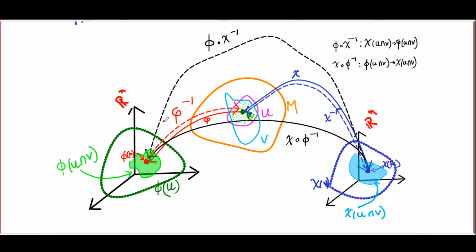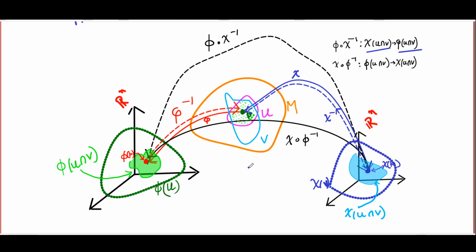So phi composite chi inverse, phi acting after chi inverse, takes you from here to here. Of course, this map acts on all points inside this region shaded blue to give points in this region shaded green. So chi of U intersection V gets mapped onto phi of U intersection V under the action of this particular map.